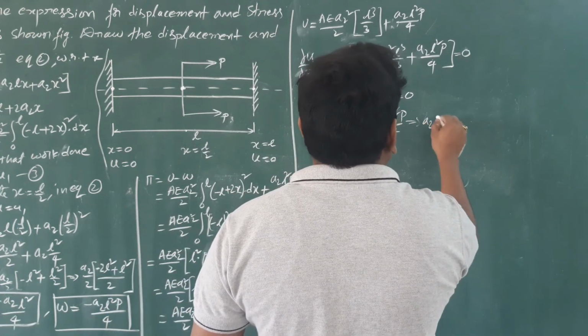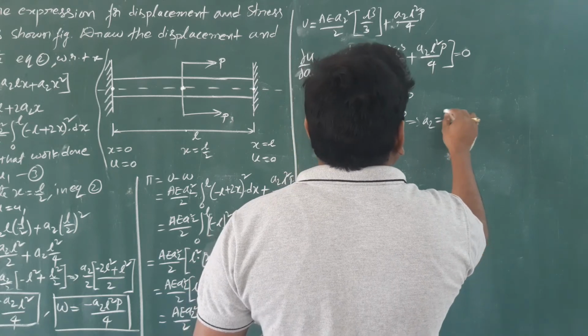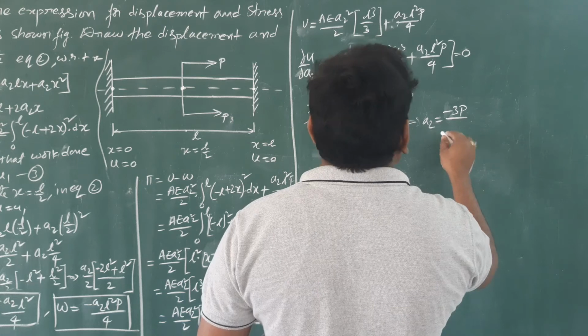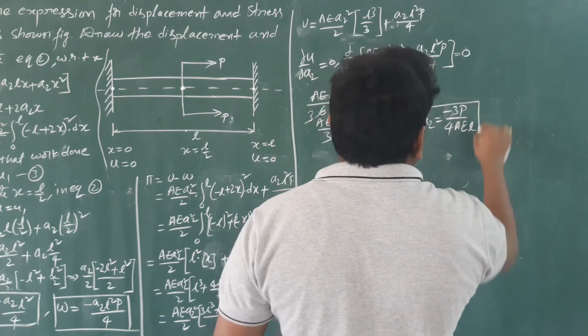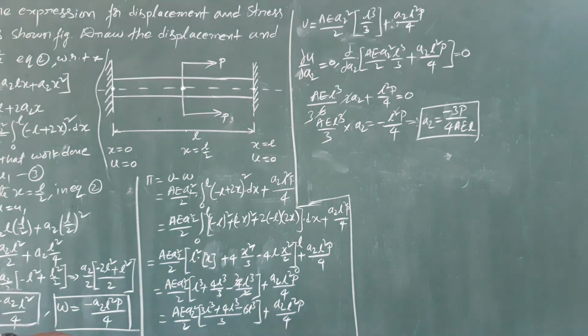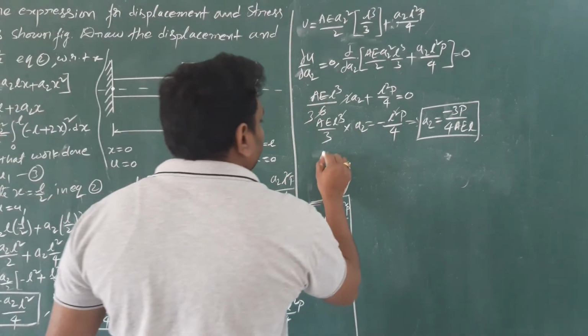A2 is equal to 3P minus 3P by 4AEL. Okay. Substitute this A2 in equation u, then we will get the deflection.